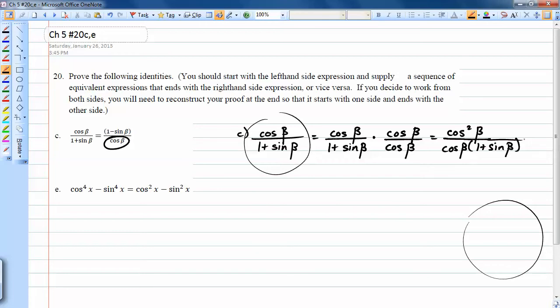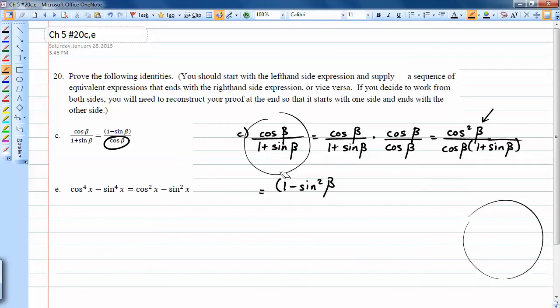Well, let's see. What can I do here? Somehow I have to get rid of the 1 plus sine beta, and that means I'm going to need some sort of sine beta on top. So cos squared is the same thing as 1 minus sine squared beta.